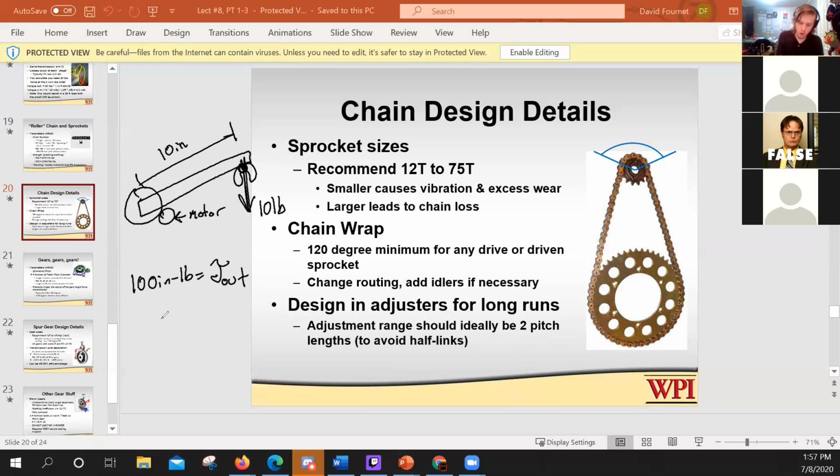Now let's say our motor can only supply 10. We'll keep it simple with simple numbers. Can only supply 10 inch-pounds of torque. And that's going to be our torque in, because it's what the motor is giving, right?